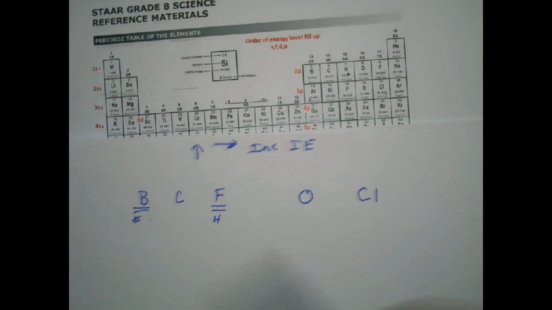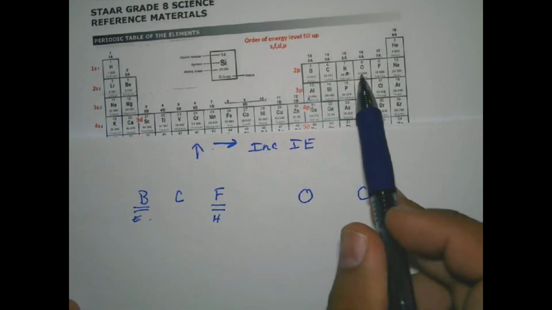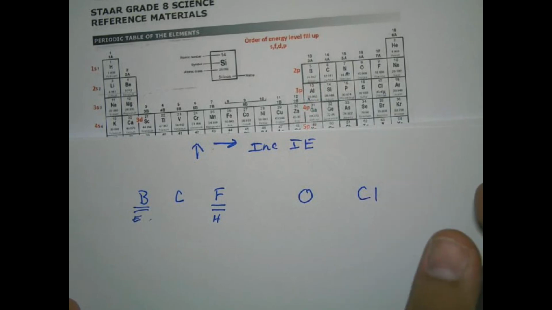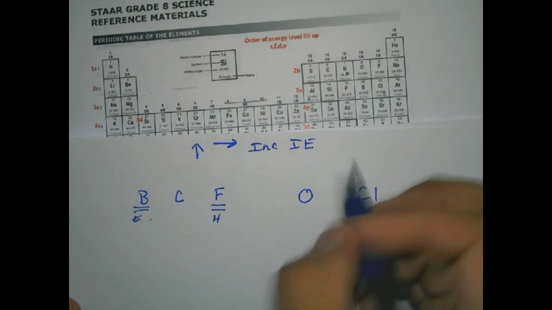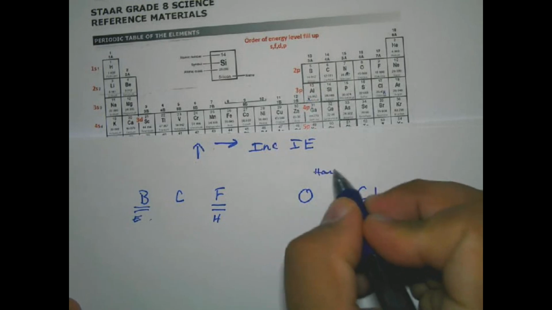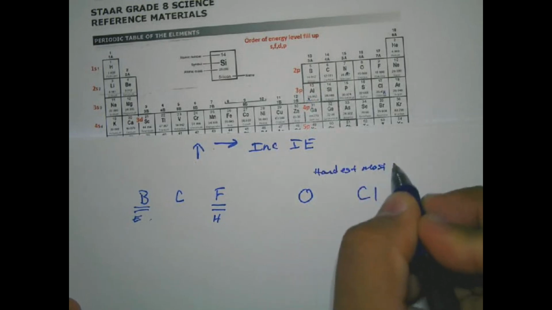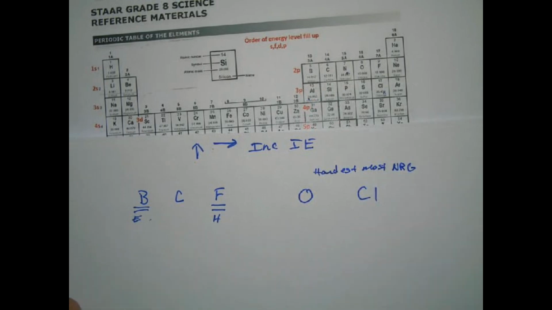Oxygen is the most up, but chlorine is the most right. So who wins here? Who's the hardest to pull off? We're going to look at hardest, or most energy to pull off an electron, right? Who's the hardest or takes the most energy to pull off an electron?